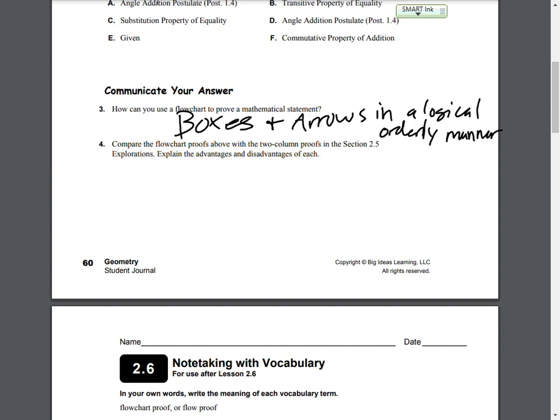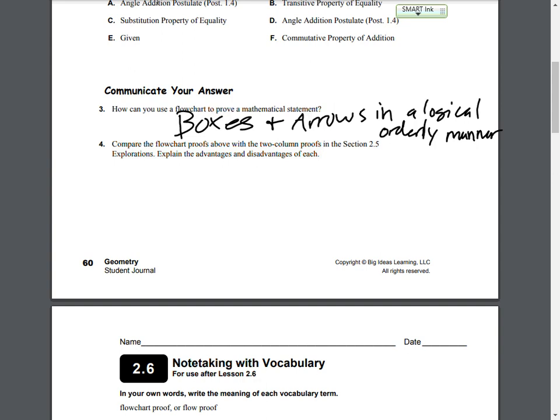Compare the flowchart proofs above with two column proofs. What's the difference? I'm not going to write this one out. I can read it to you. The flowchart proof, unlike the two column proof, allows you to show explicitly which statement leads to which. So that flowchart just has step 1, step 2, step 3, all in a nice little flow.